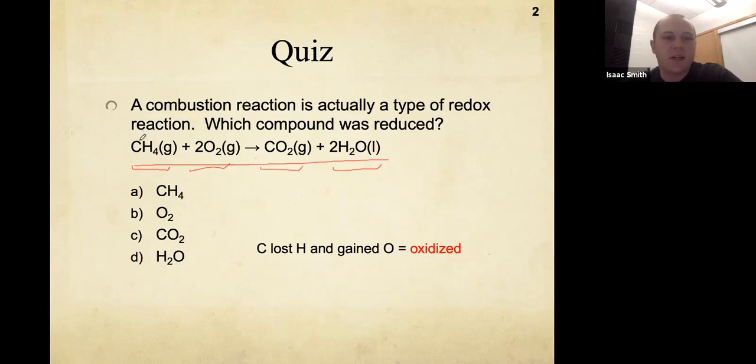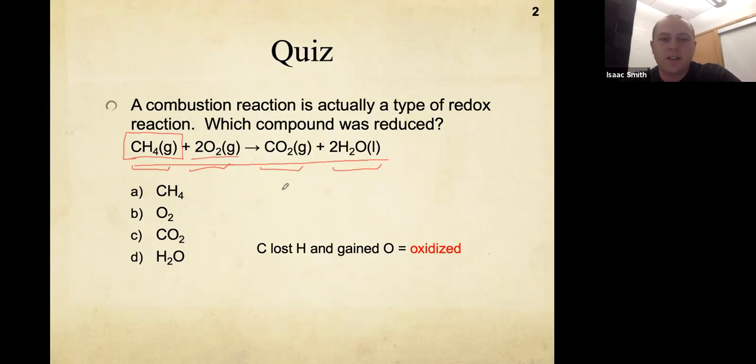So the easiest way for organic reactions is to look at hydrogens and oxygens and not necessarily electrons, okay? If we look at the carbon here, it lost hydrogens and gained oxygens, right? So the easiest way to remember this is oxidation is gaining oxygens. That means the CH4 was oxidized, which means the other one is going to be reduced.